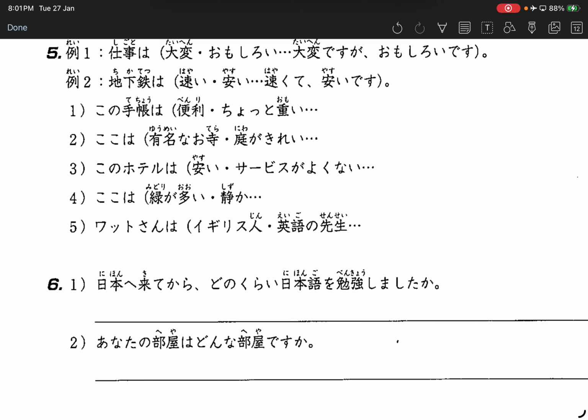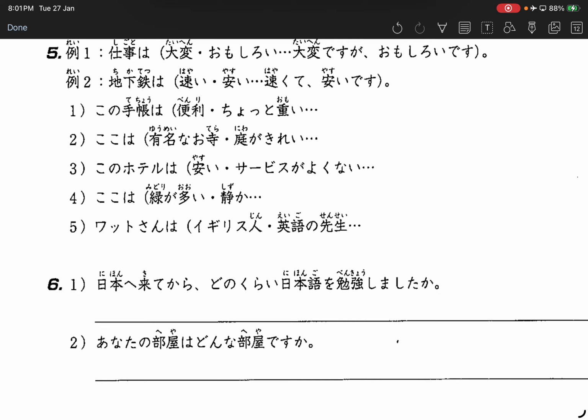ここは緑が多い。静か。ここは緑が多くて静かです。Okay, thank you. The opposite?